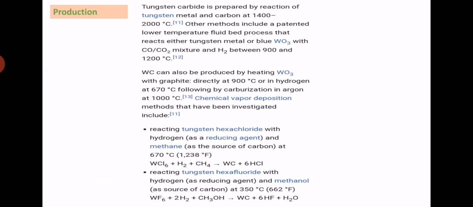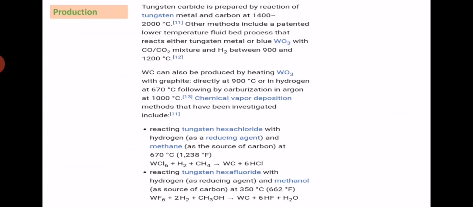Mainly, our tungsten carbide is prepared by the reaction of tungsten metal and carbon at 1400 to 2000 degrees Celsius. That means W plus C gives WC. That is the main process, and these are some different processes.